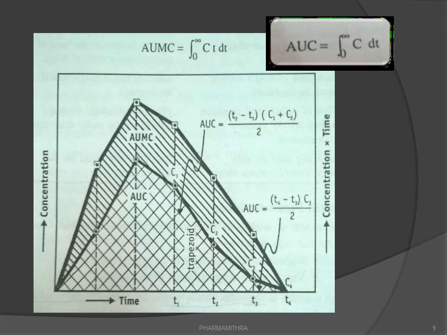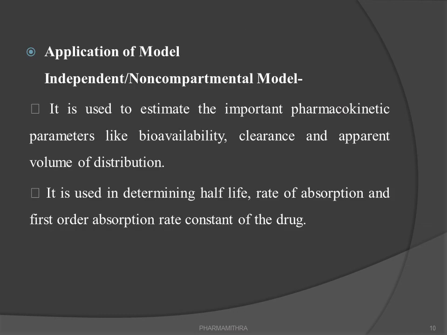And we can find various applications of this non-compartment analysis. The model independent or non-compartment model is used to estimate important pharmacokinetic parameters like bioavailability, clearance, and apparent volume of distribution.